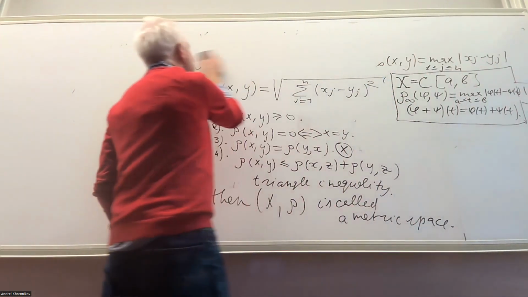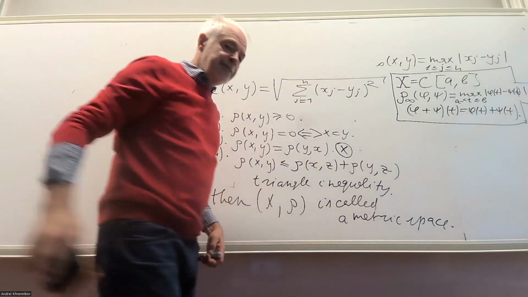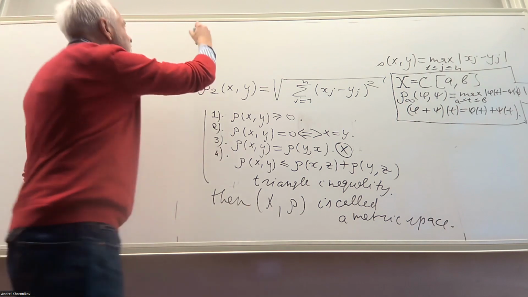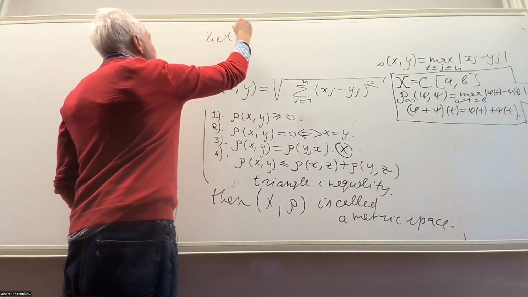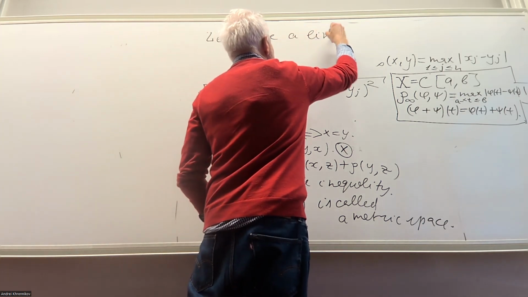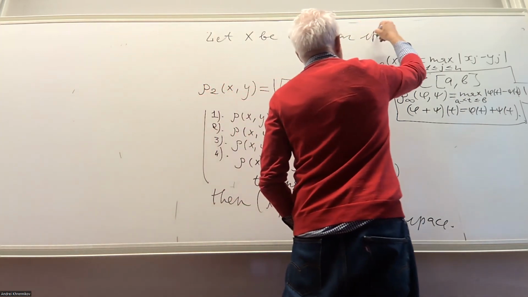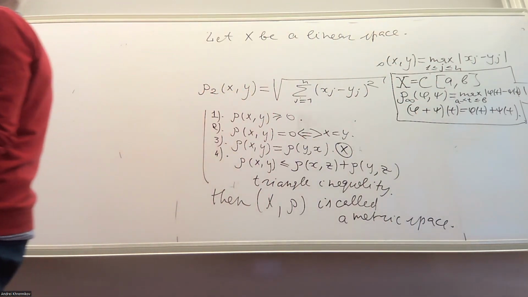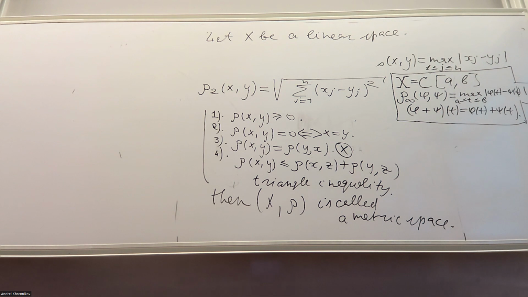We go to this situation. So let now X be a linear space. What is a linear space? It's some set whose elements are called vectors, and addition, subtraction, and multiplication by numbers, by scalars, are defined.